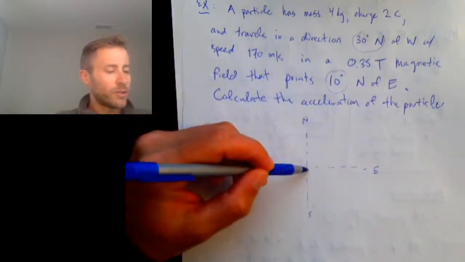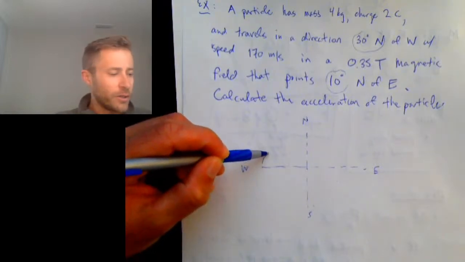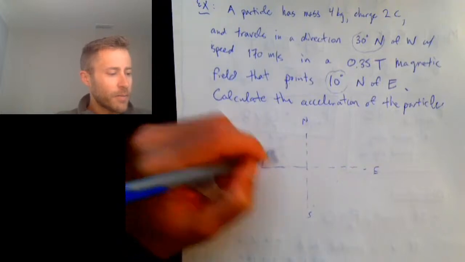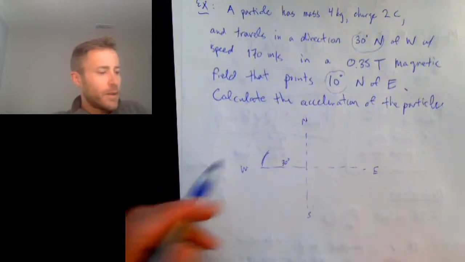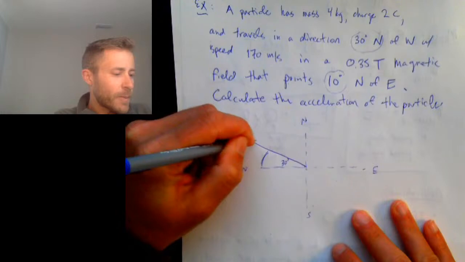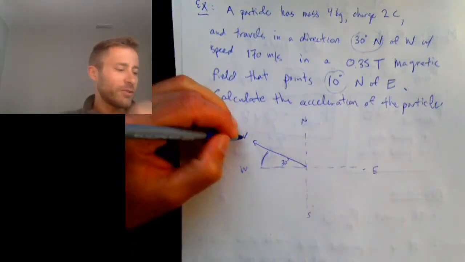So what that means is I start with west, and then I go 30 degrees north of that, and that's the direction of the velocity. Okay? So here's my velocity in that direction.